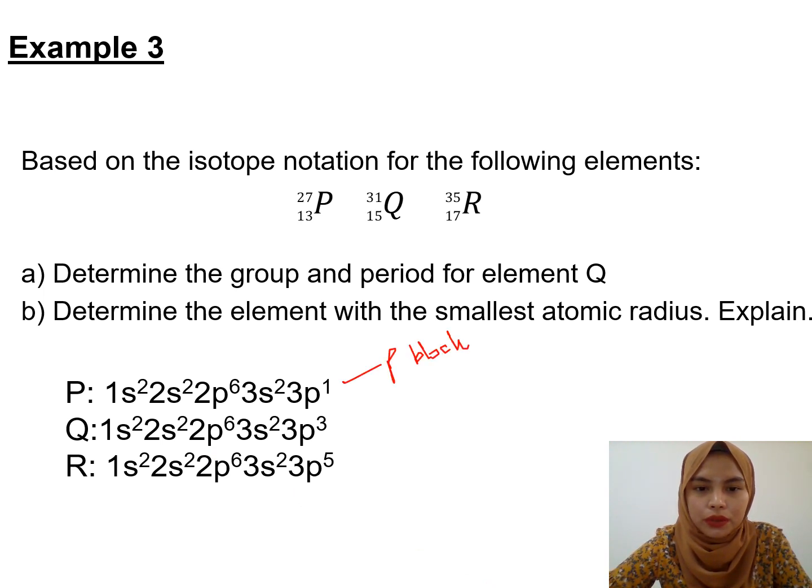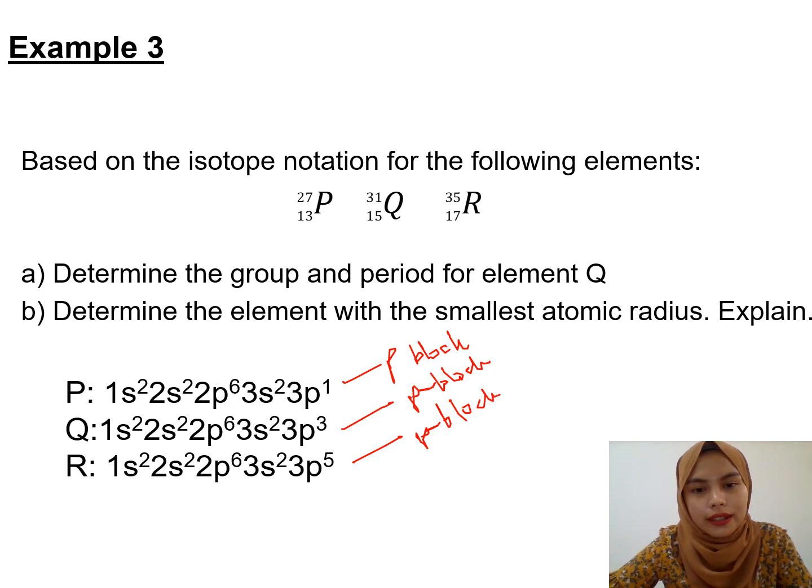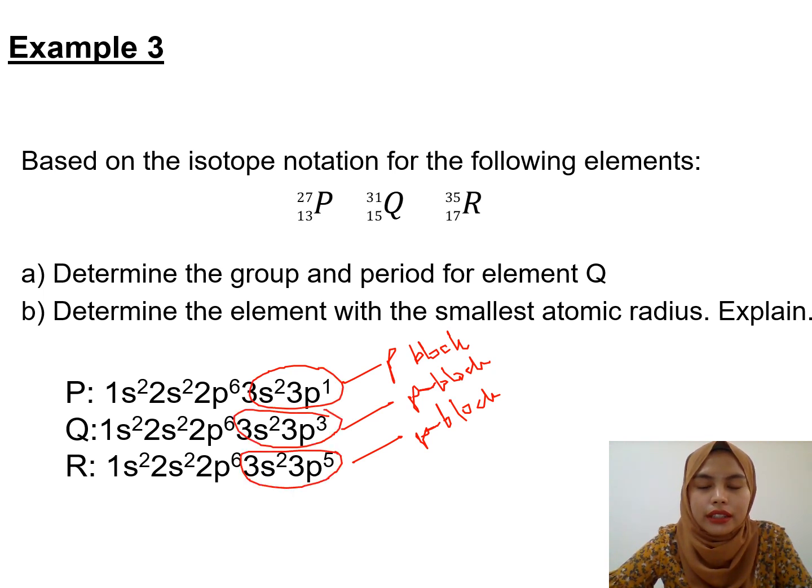Same goes to Q, belongs at P block. Same goes to R, P block jugalah, tiga-tiga ni. Okay. Cumanya P akan berada di group berapa? Group mereka yang berbeza. Okay. Kalau P berada di group 1 campur 2, 3, 3 campur 10, 13, group 13.